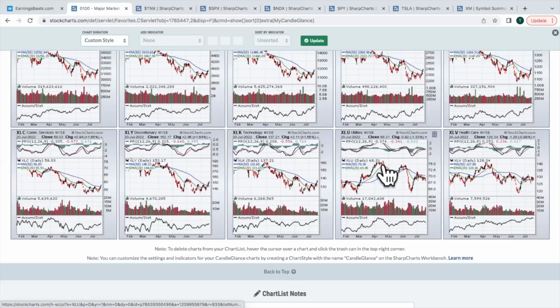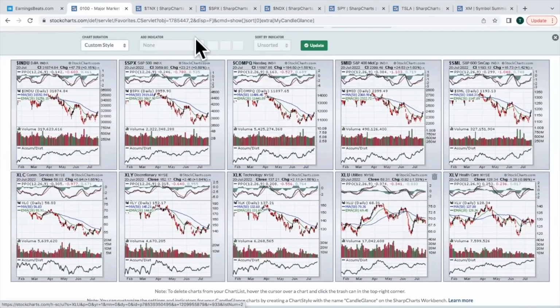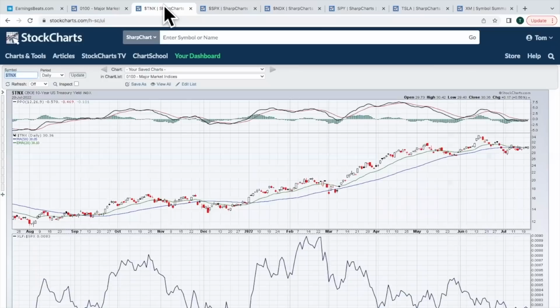All right, moving on to the 10-year Treasury yield. Let's get an update here. Right now, 304. Actually, we're still showing yesterday's data on StockCharts, but I can tell you that right now we are at 3.056, so we are up 2 basis points.